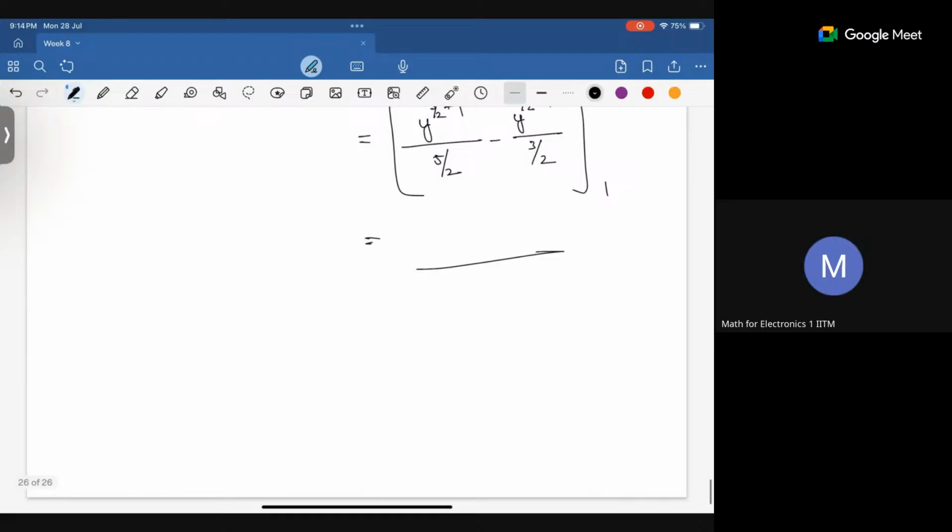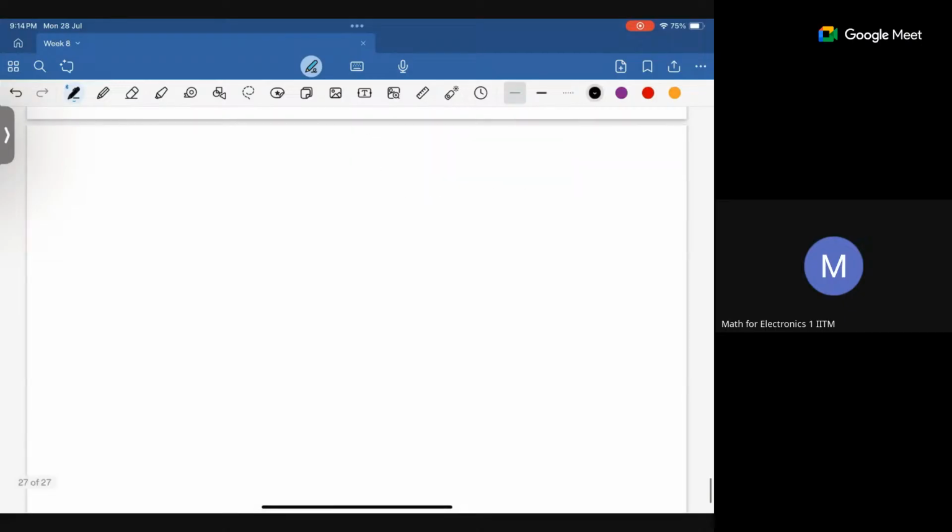All right, great. So now I think we will come to the final part of week 8, which is the last technique: integration by parts.